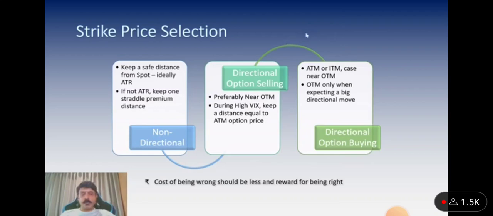If you are trading OTM and holding for longer, and you're not getting the movement, it will give you some loss. There are two types of trading I do: one is non-directional, one is directional, option selling and option buying, and I do only directional. Directional option buying is very easy. I think I've told you already how I select the strike prices.